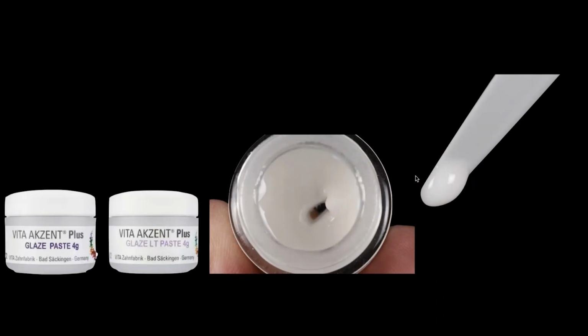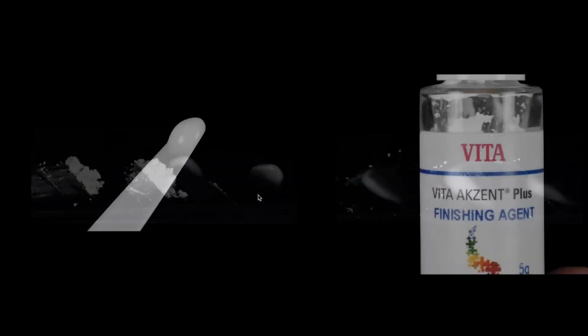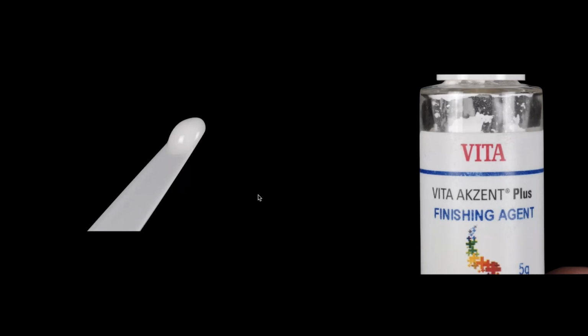I can tell you one of the things I do with the glazing paste is make sure you use them properly viscosity wise, but also sometimes with the glazing paste, I will actually modify them. And what I mean by modifying them is maybe I'm going to use a finishing agent in them to thin them out a little bit, because I don't want them to just wash away all my surface topography that I put on the tooth.